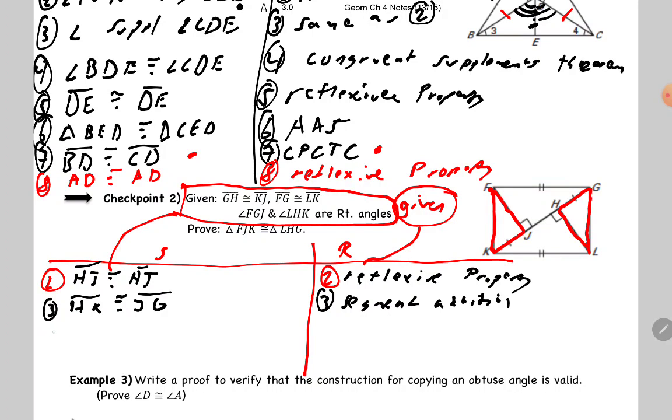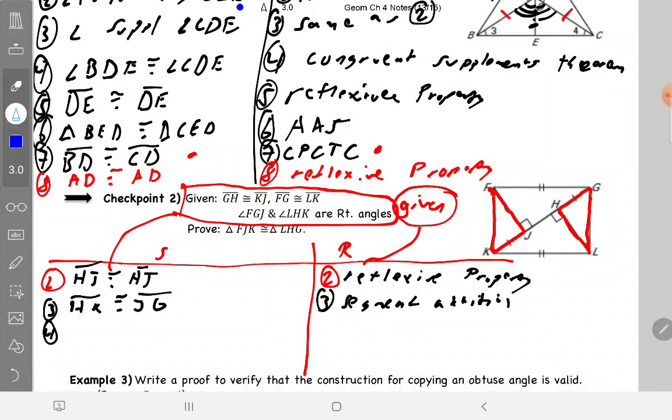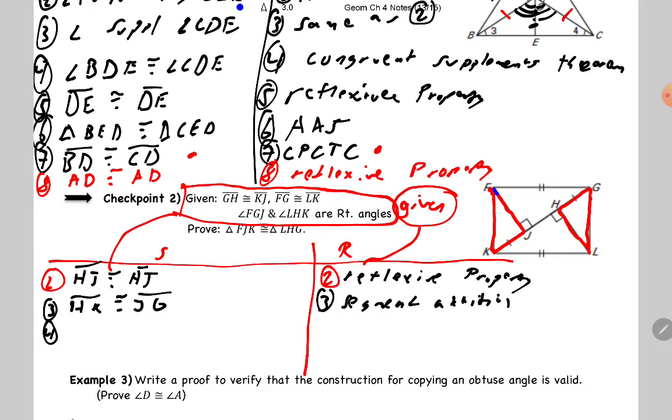And so those are the same, I can finally say that these two big triangles, let's see if I can use color here, FJG, so the blue triangles are the same. So triangle FJG is congruent to triangle LHK.